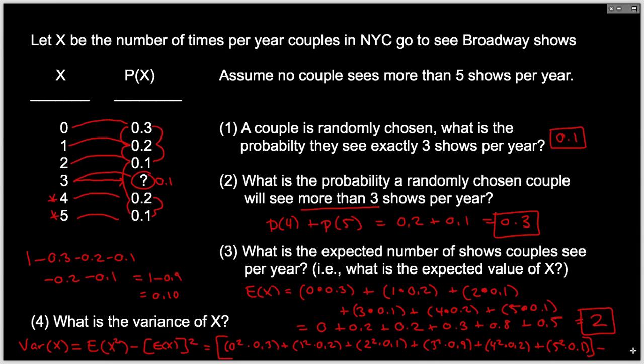Minus, we already know this value is 2, so minus 2 squared. And that's your answer for the variance if you put it in your calculator. I don't have enough space. I'm running out of time. I've got to go.